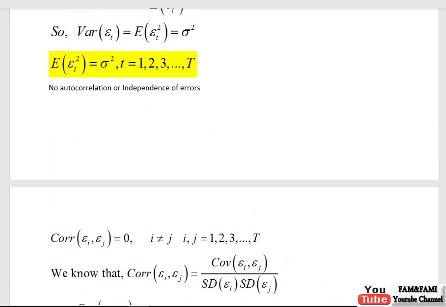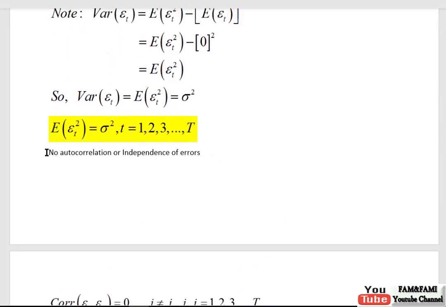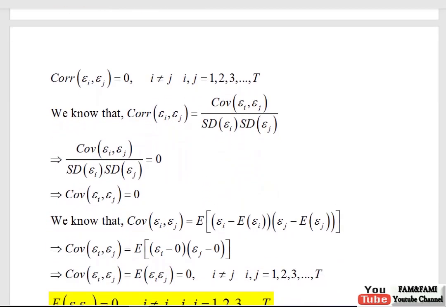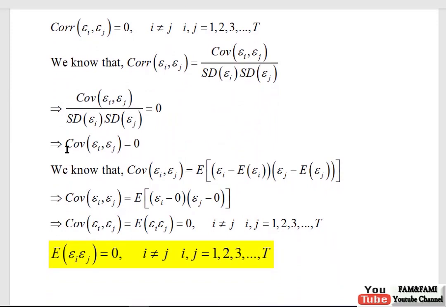So in future, when you are asked to write the mathematical notation of this no autocorrelation or independence of errors, you can either use this notation, zero correlation between epsilon i and epsilon j, i different from j, or you can write zero covariance, or alternatively you can write this expression: expected value of the product of epsilon i epsilon j is 0, i is different from j, and i, j range from 1 to t.